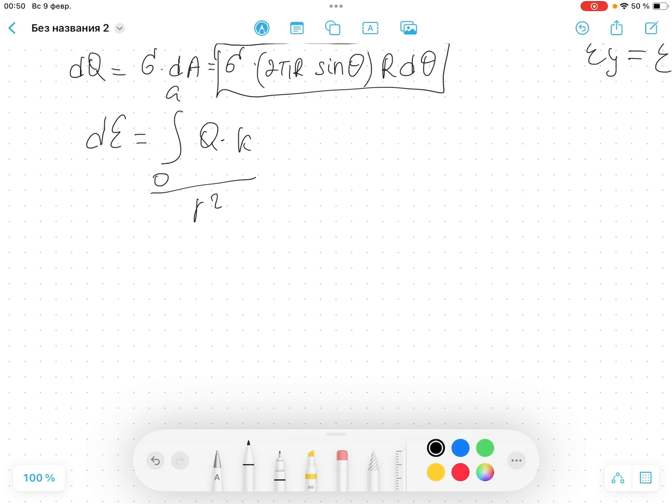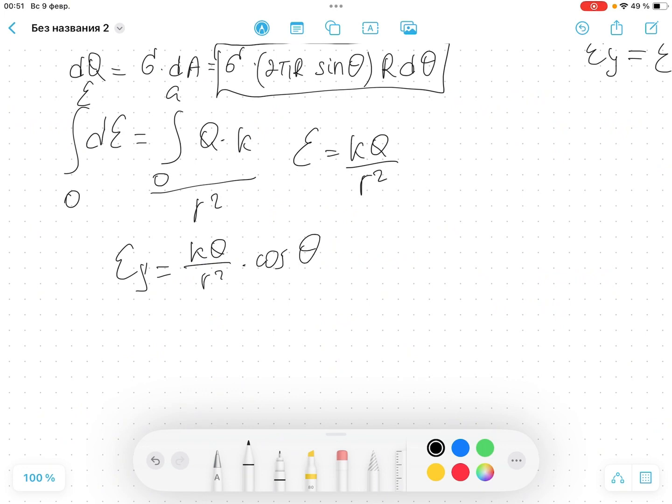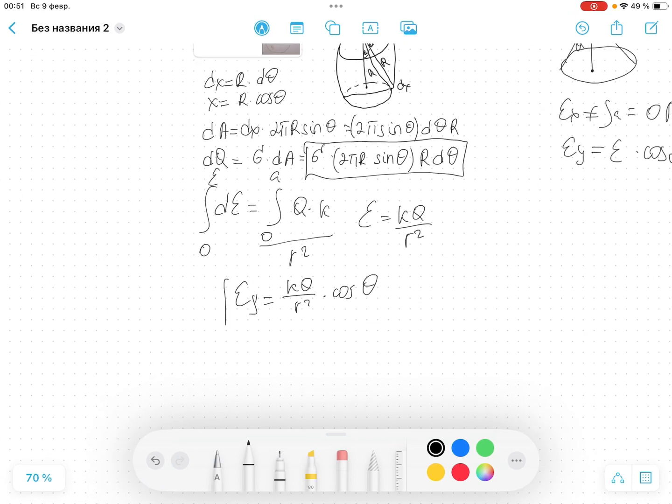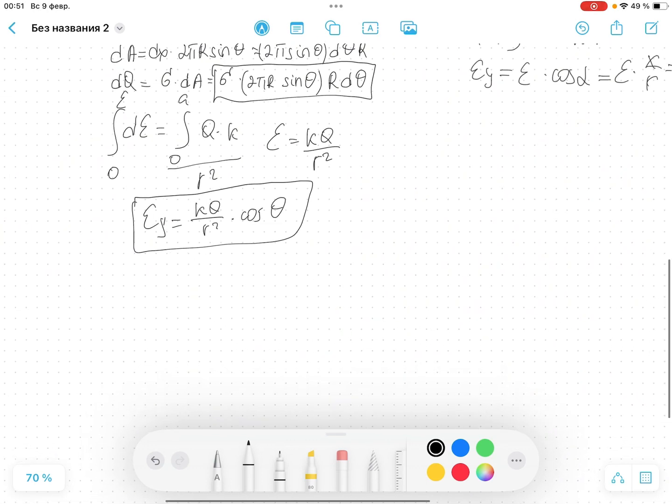It's from one circle, and then we should find all the fields from each ring. So we should integrate it. Then we place the dq from our beginning formulas, and it would be k multiplied by sigma multiplied by 2π r sine delta and r d delta, divided by r squared.